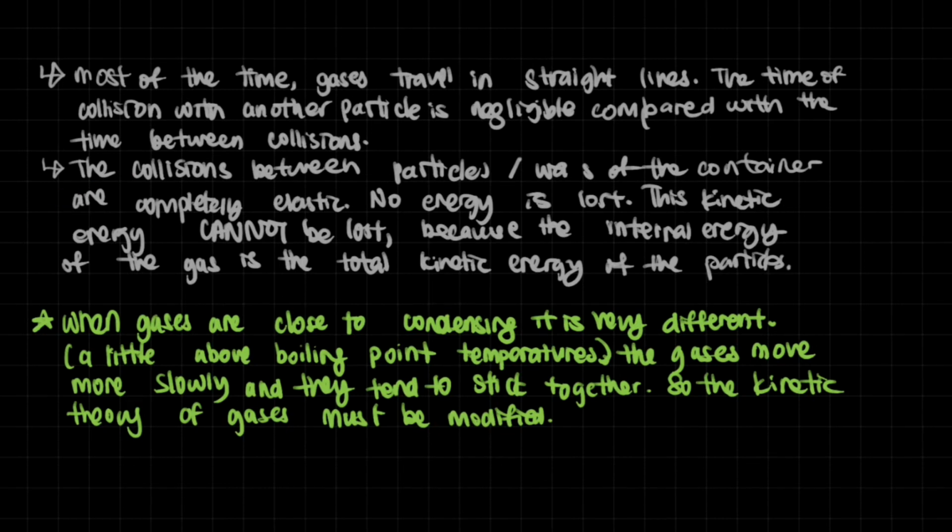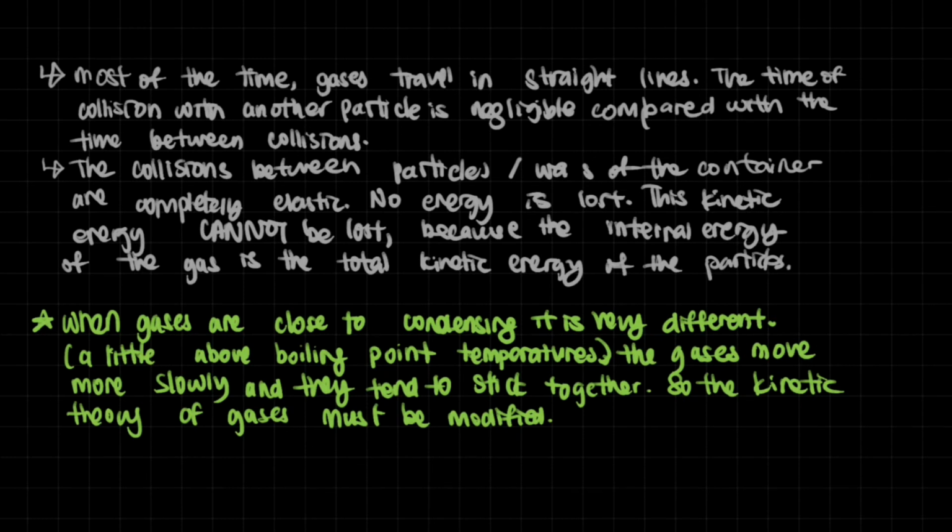Next is that the collisions between particles or with the walls of the container are completely elastic, which means that no energy is lost. This means that kinetic energy cannot be lost because the internal energy of the gas is the total kinetic energy of the particles. Now, internal energy consists of potential energy as well as kinetic energy.